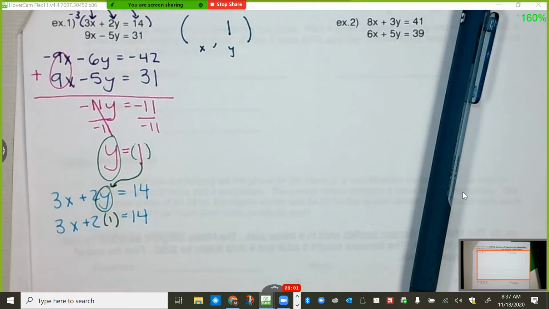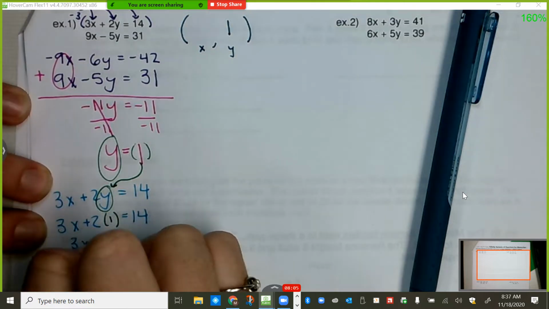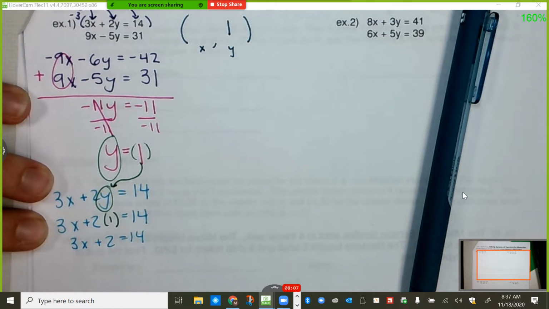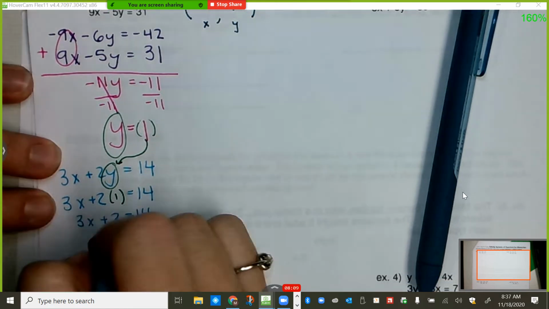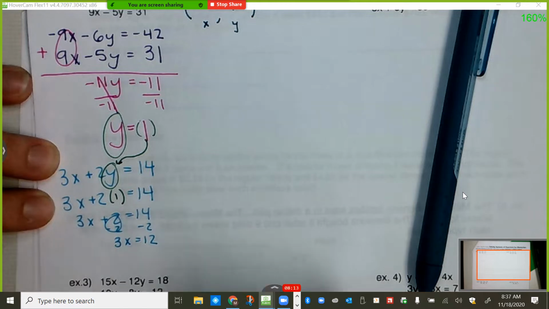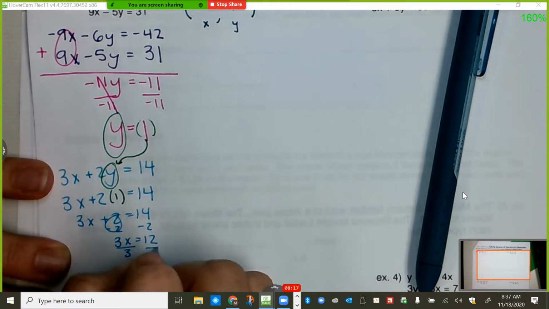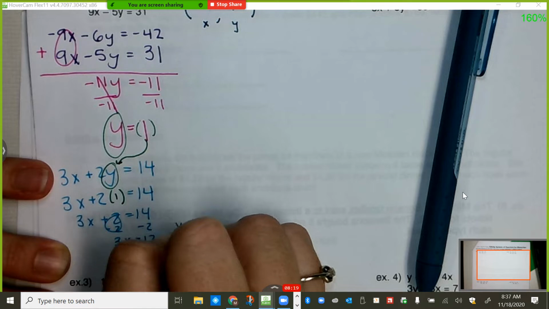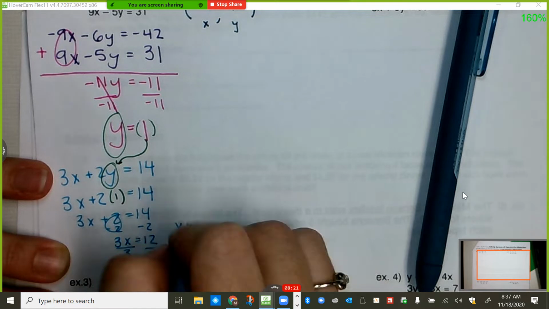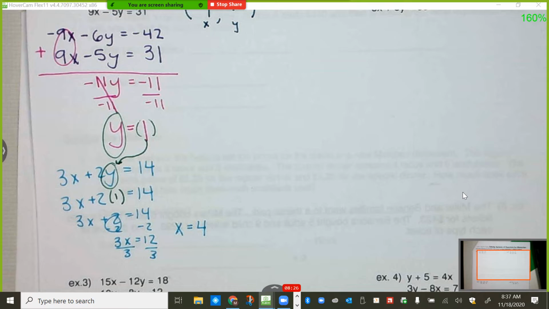What is 2 times 1? 2. So this ends up being 3x plus 2 equals 14. Now what? Subtract 2. And I get 3x equals 12. Last step. Divide by what? And what does x equal? There's my answer.